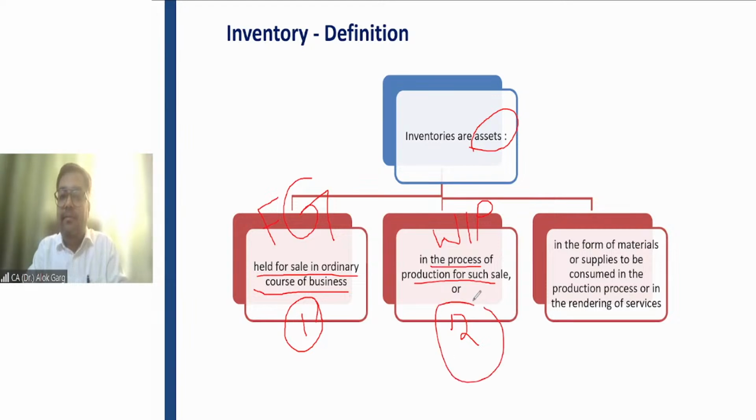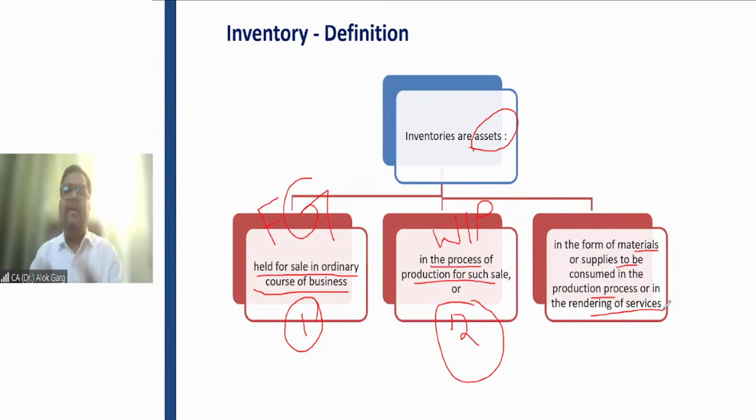Number 3, in the form of material or supplies to be consumed in the production process or in the rendering of services. For any automobile company, they have the raw material in terms of plastic, steel, iron ore, batteries, glass, paint, foam, wires.